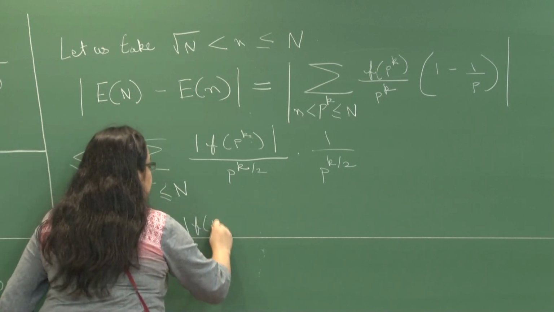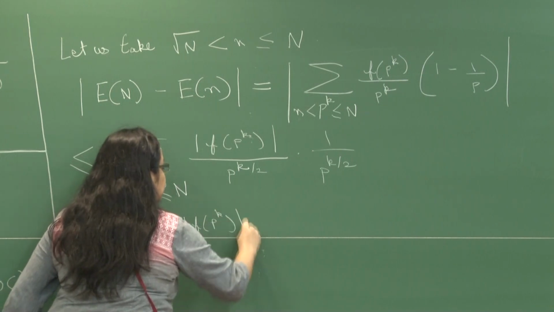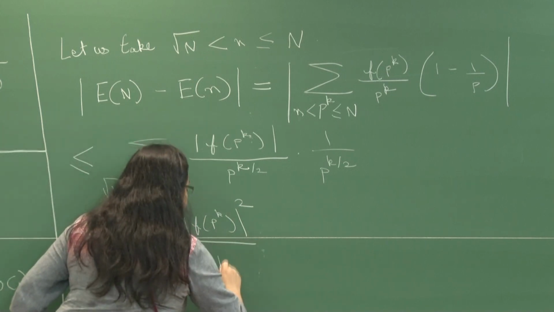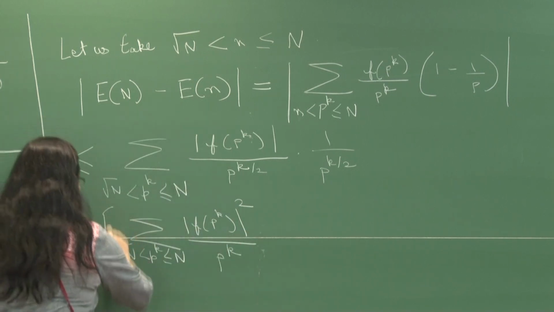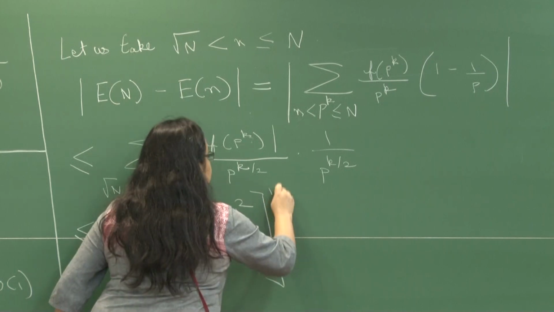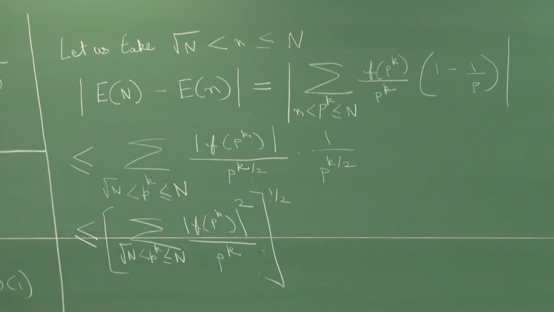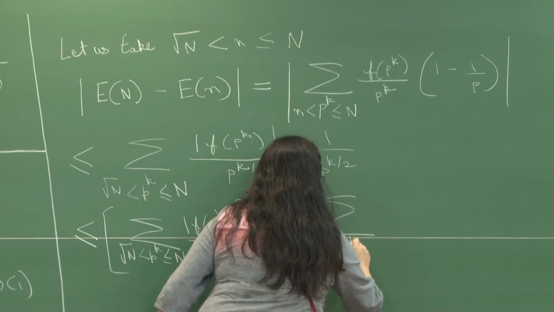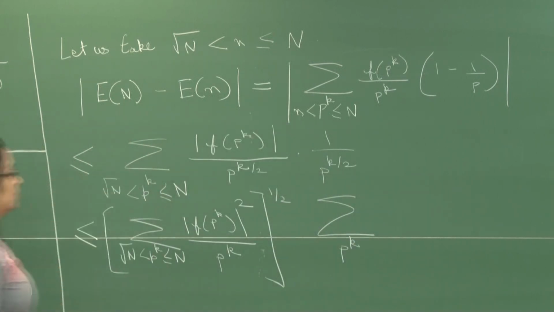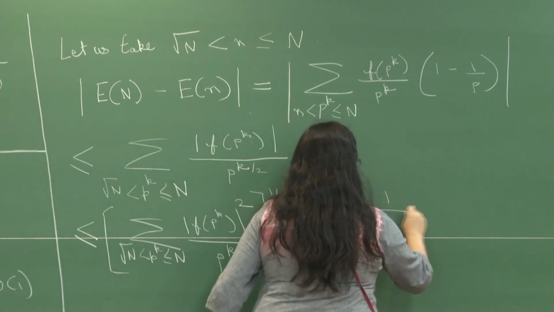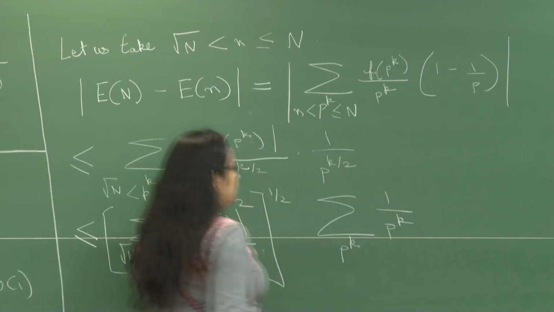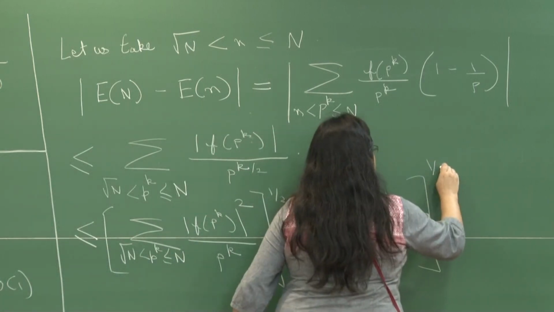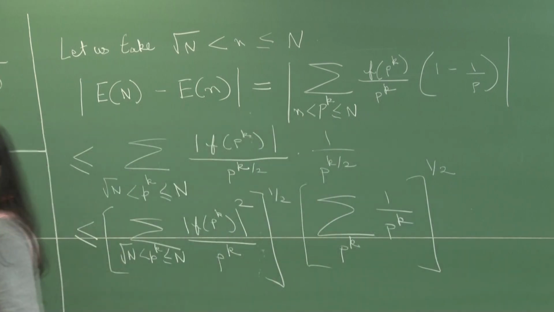Absolute f of p whole square over p to the k raised to the half times summation p to the k, 1 over p raised to the k, the whole thing raised to the half.